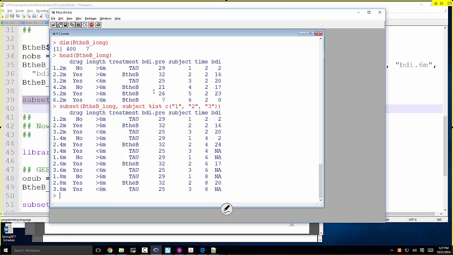I'm just illustrating what I just said. I'm only looking at the first 3 individuals, and you can see that individual 1's measurements are spread out over these different rows. We need to reorganize a little bit further.